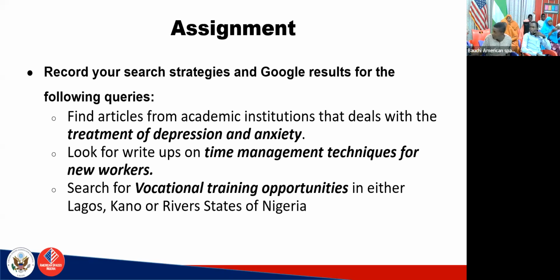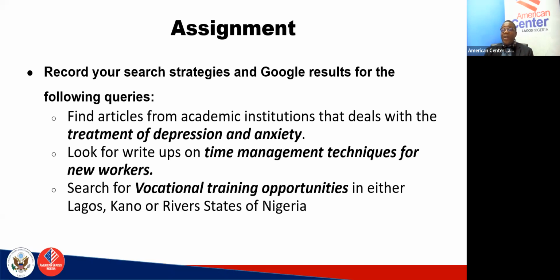So first, what I expected you to do is to identify the keywords. For example, the first one: treatment, depression, anxiety. Those are the keywords. So treatment and depression and anxiety, but from academic institutions.